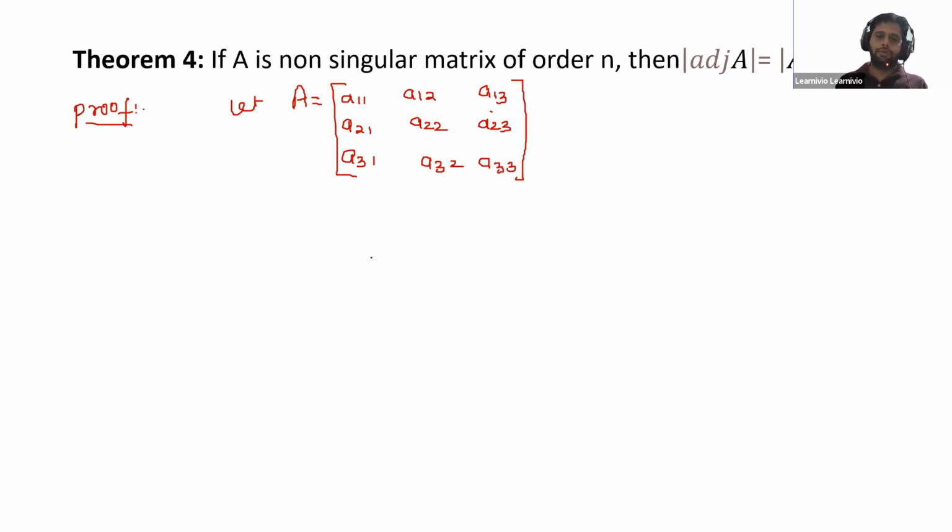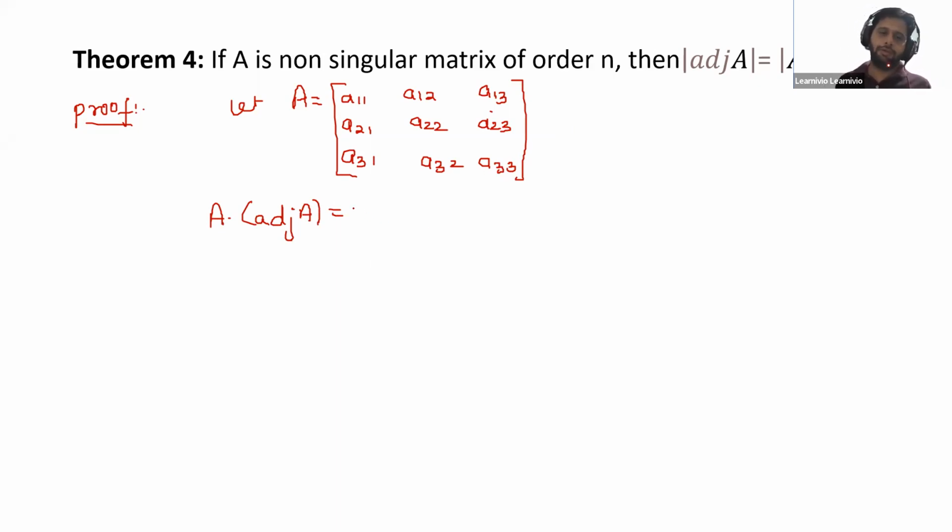Now, you already know the property of A into adjoint of A. Abdur, can you tell me what this is equal to? Very good.